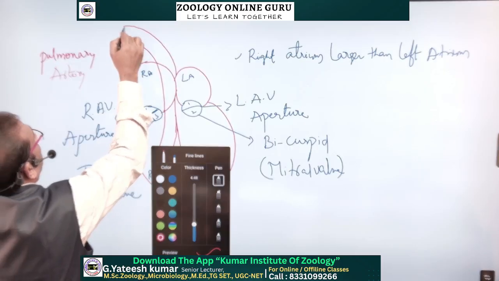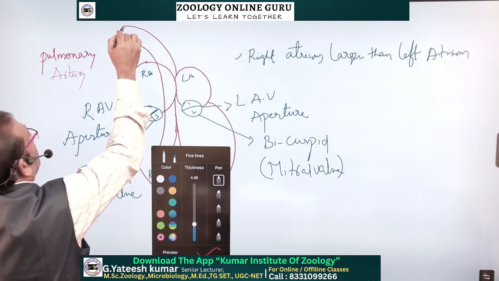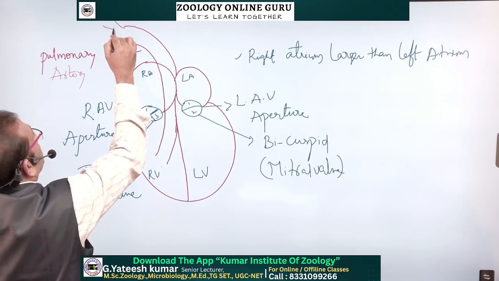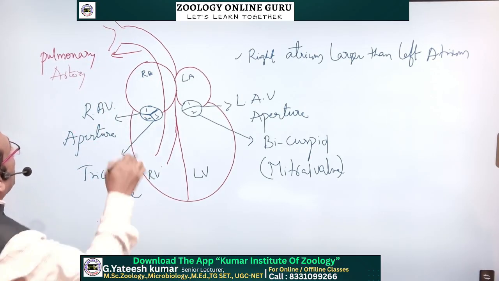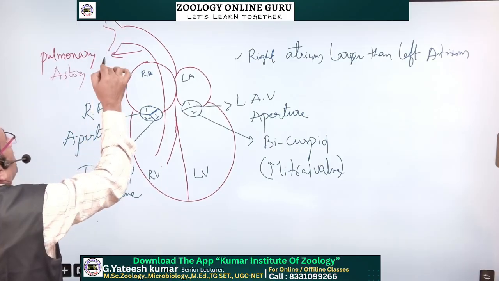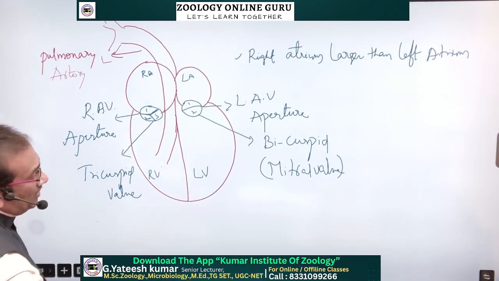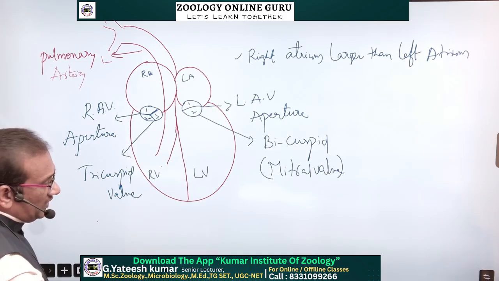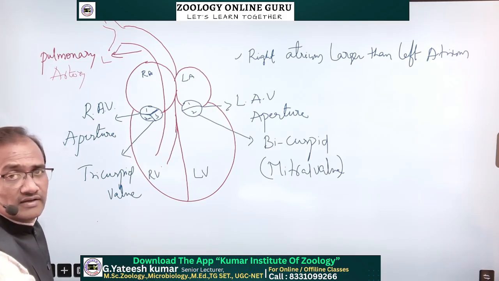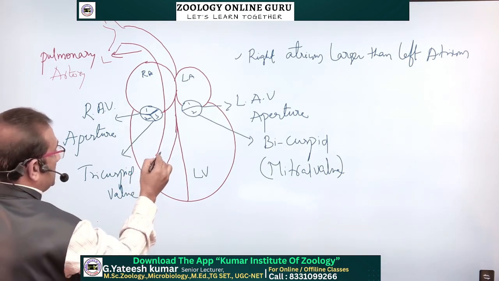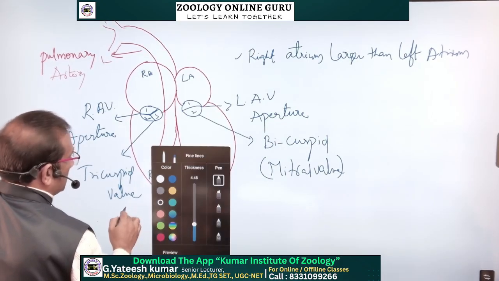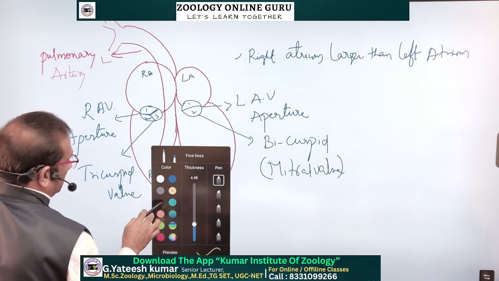And this pulmonary artery, after coming out of the heart, immediately divides into 2 branches. One branch goes to the right side of the lungs and one branch to the left side of the lungs. So for purification, the blood is transferred to the lungs from the right ventricle, and here in this area 3 valves are present.